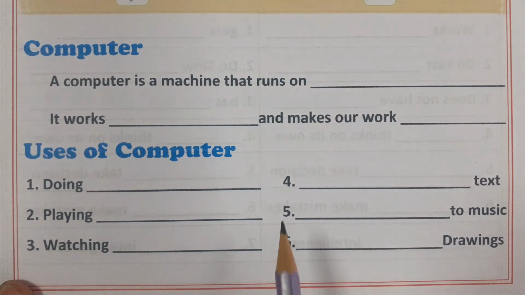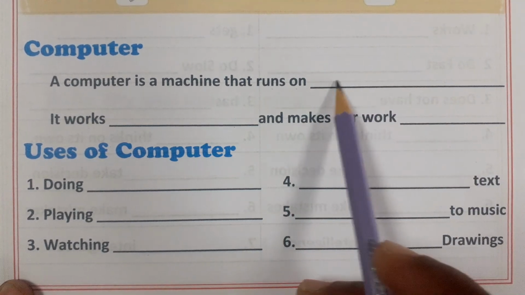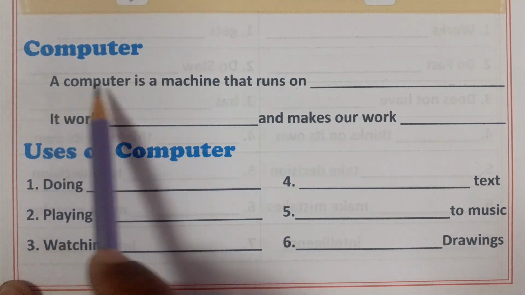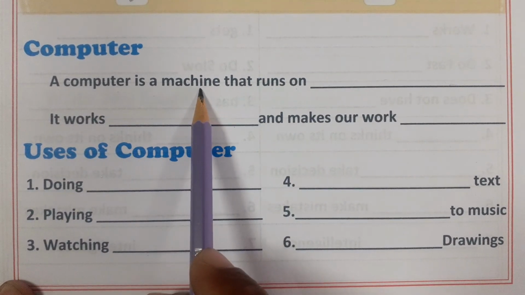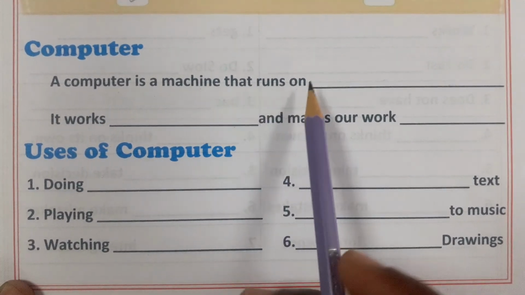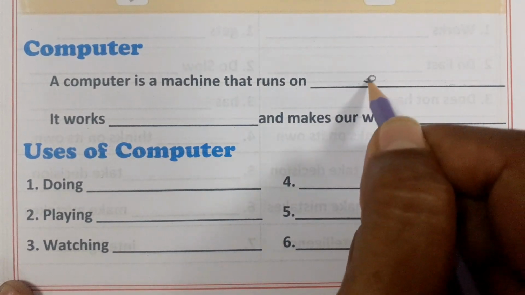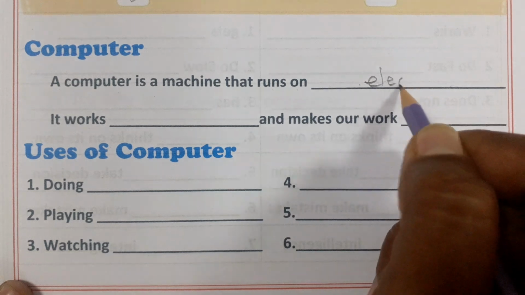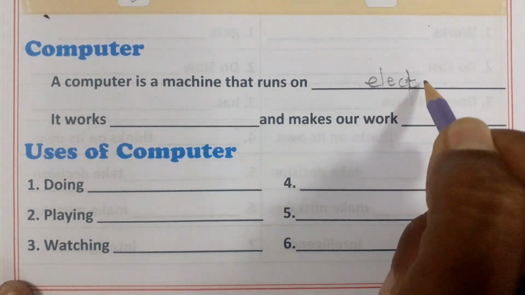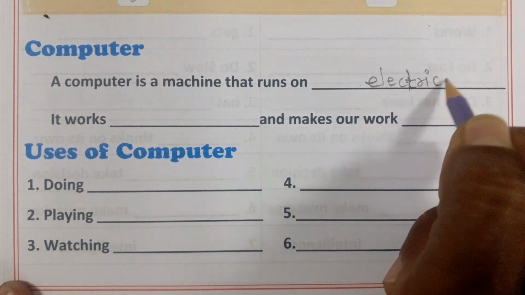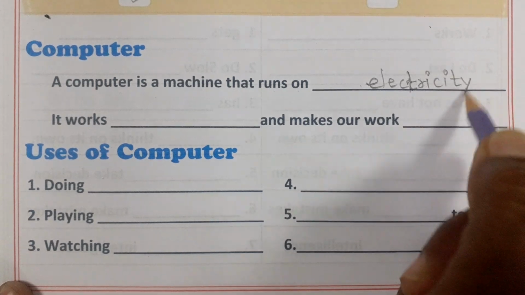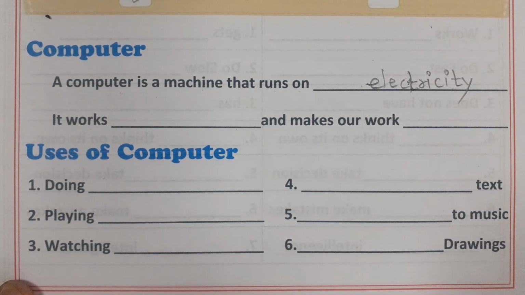You write here electricity. Means a computer is a machine that runs on electricity. What do you write here? Electricity. You write here electricity. Understand?